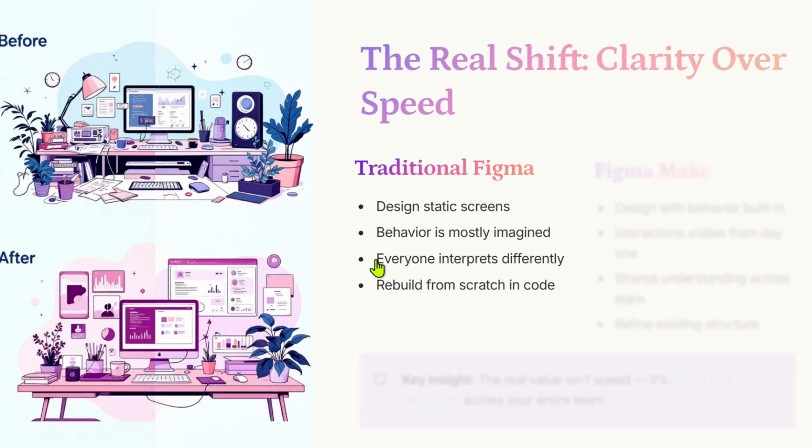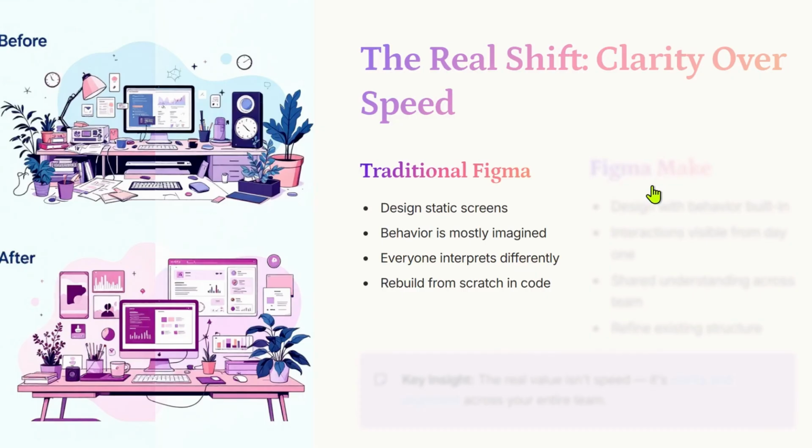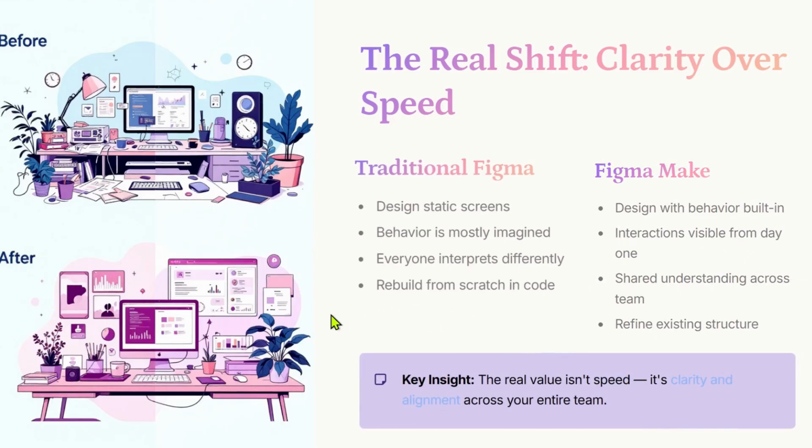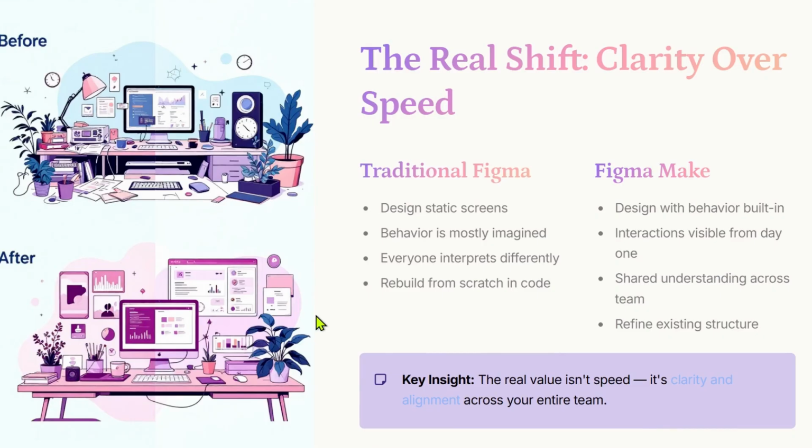So when this goes to engineering, everyone interprets it differently. With Figma Make, the behavior is visible from day one. That's the real shift. It is not just speed, but clarity for everyone so that everyone can be on the same page. That is what we call prototyping.